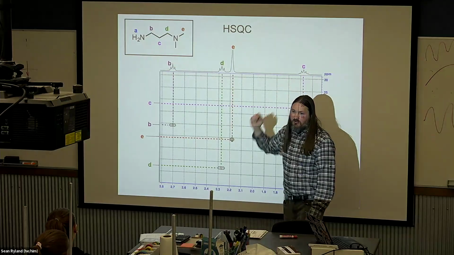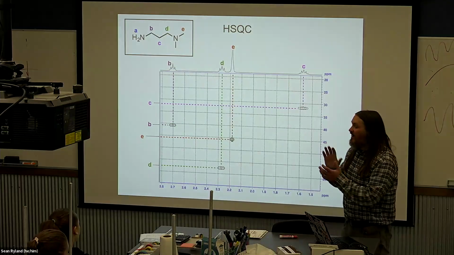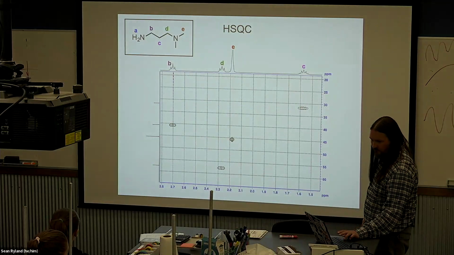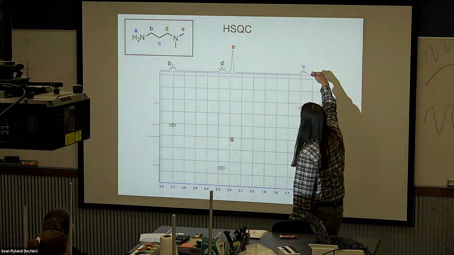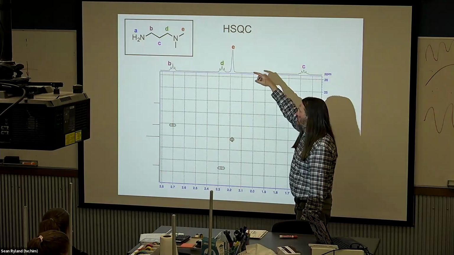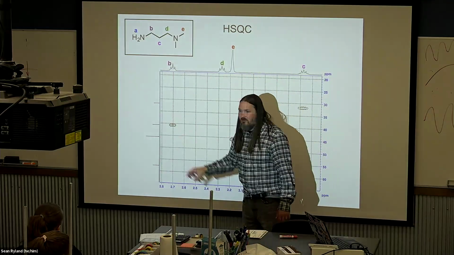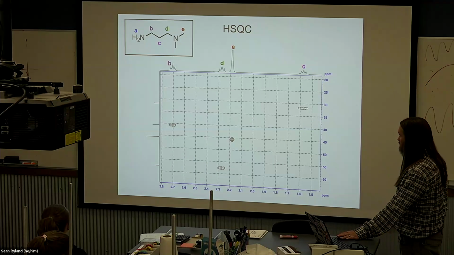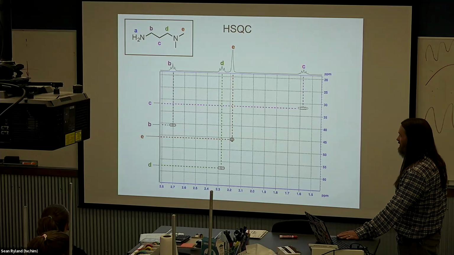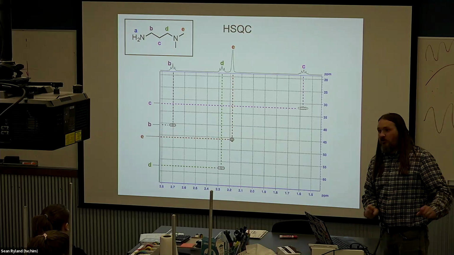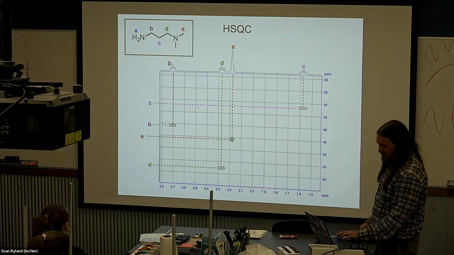Then we can take that and do an HSQC and say, now that I know without a shadow of a doubt what my proton NMR looks like and have assigned peaks to the molecules, it makes it a lot easier to interpret the carbon NMR as well. It gives us a procedure instead of hand waving a little bit and saying, I'm pretty sure, but right?